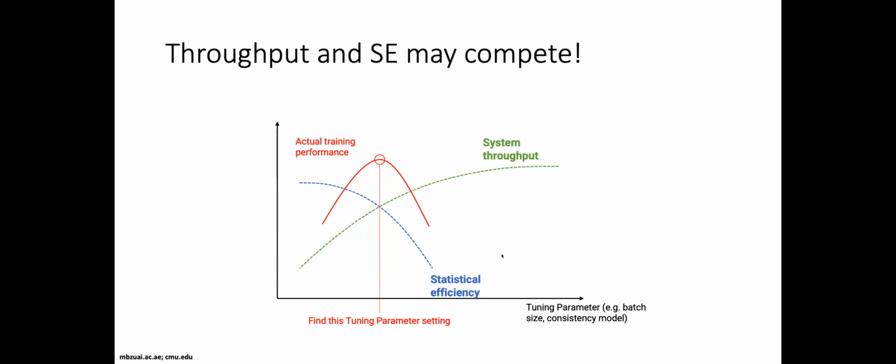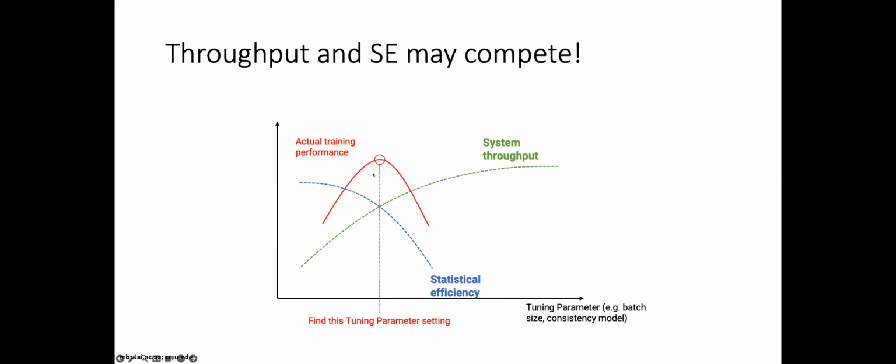Okay, so this is why there's a trade-off between throughput and stat efficiency. Increasing the throughput, for example by increasing the batch size, usually results in a drop in stat efficiency. But the actual training performance is the product of the two of them, right? It's the amount of data you're churning per second times the quality of progress you're making per data sample. That's throughput times stat efficiency. That's the red curve over there, right?